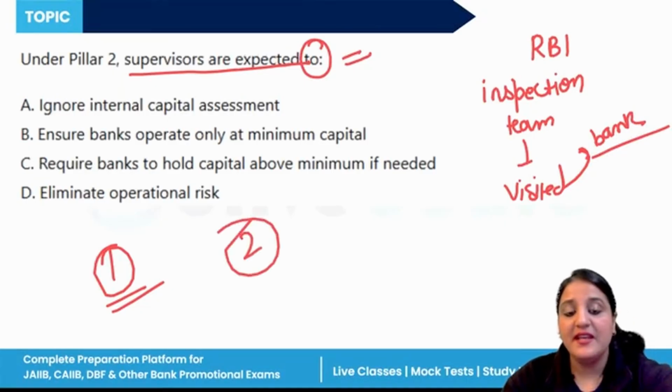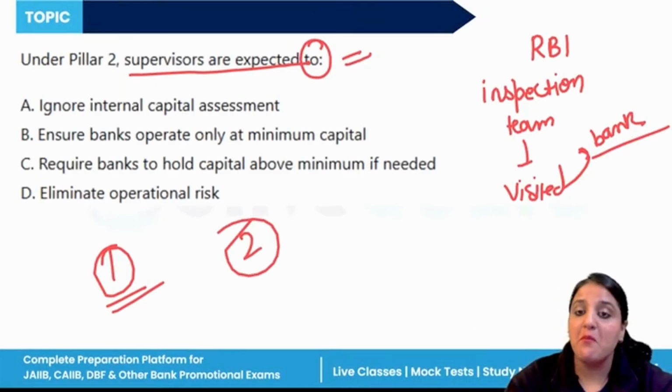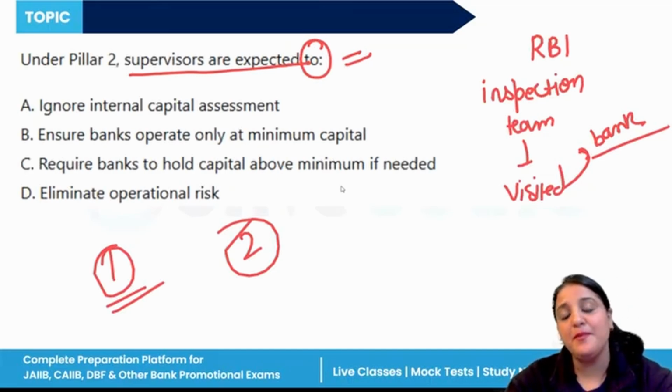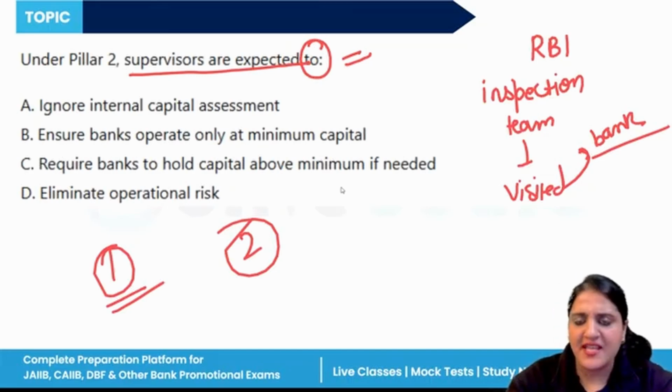Principle 2 is saying that supervisors must review and evaluate bank internal assessment. Principle 3 is saying bank should operate above minimum capital ratios. Principle 4 is saying supervisors have to intervene early if capital falls.